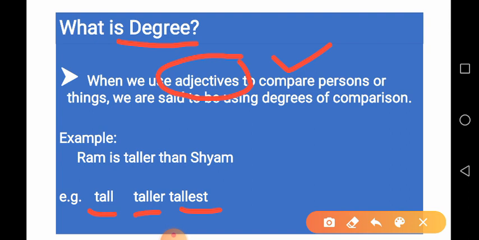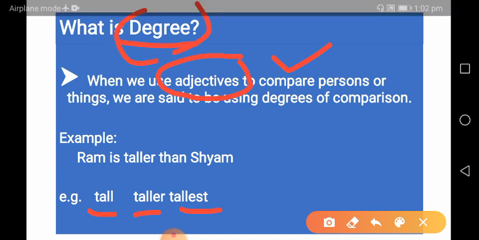So, here we are learning what is degree. Have you understood? So, degrees are comparison. Degrees are used for comparison, and to make such comparison, adjectives are used.